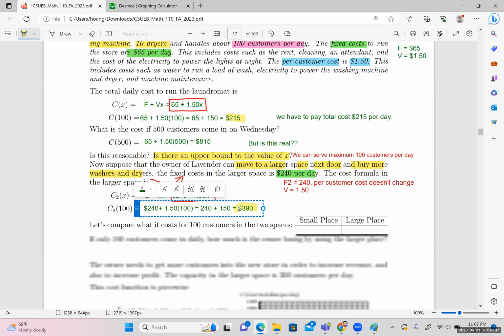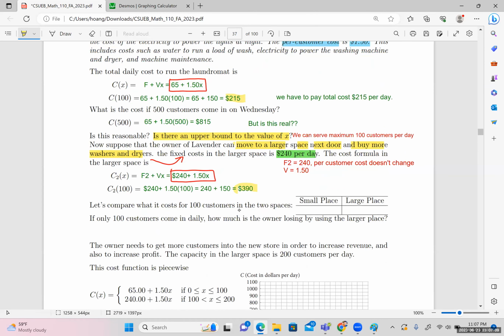All right, so we compare the cost with 100 customers in two spaces. Small space is 215, and large space is 390.